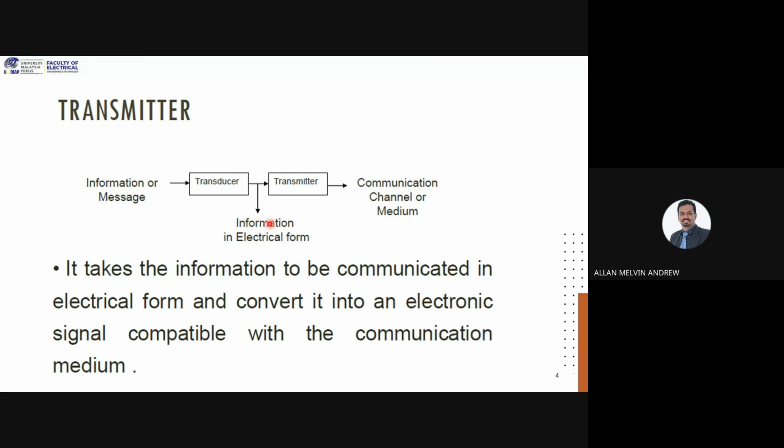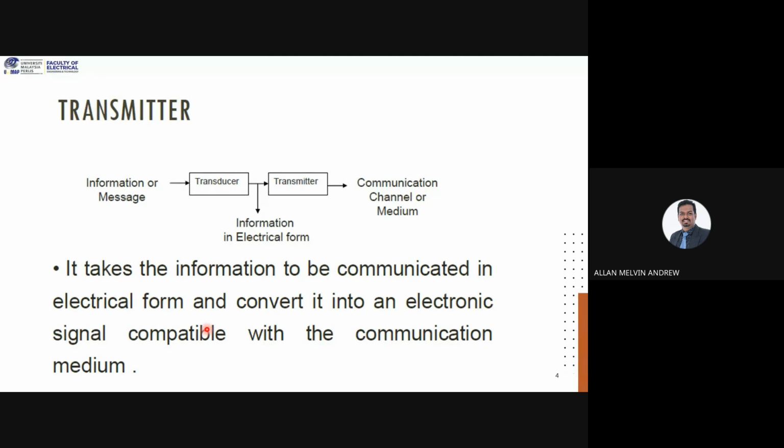So you cannot transmit an electrical signal directly to the receiver. You need to convert it first. That's why electrical and electronics are like two brothers, so they will always be working together. You cannot totally rely on electrical without having electronics, and you cannot rely on electronics without having electrical.